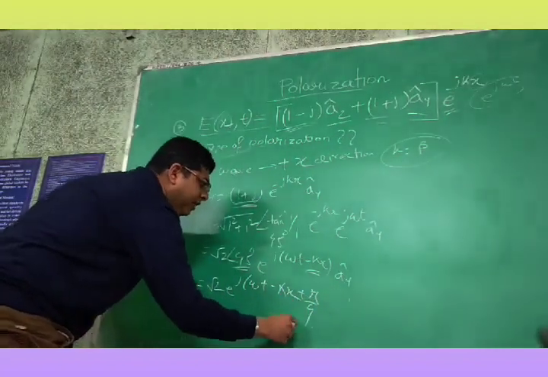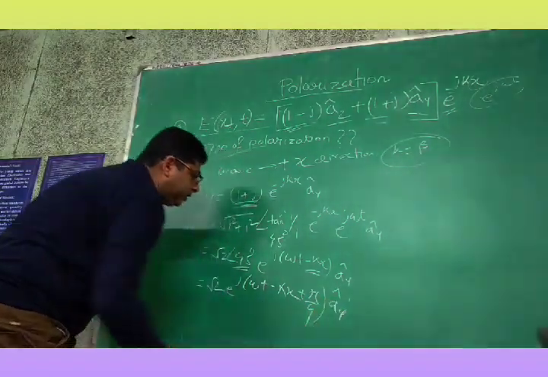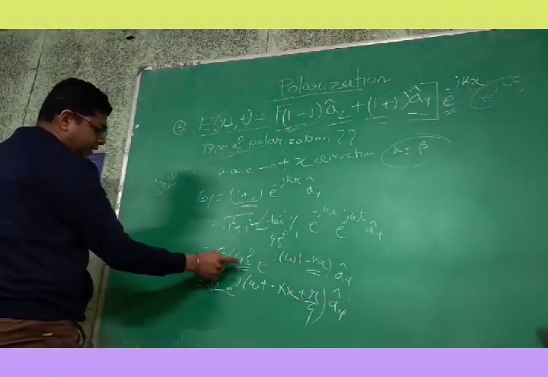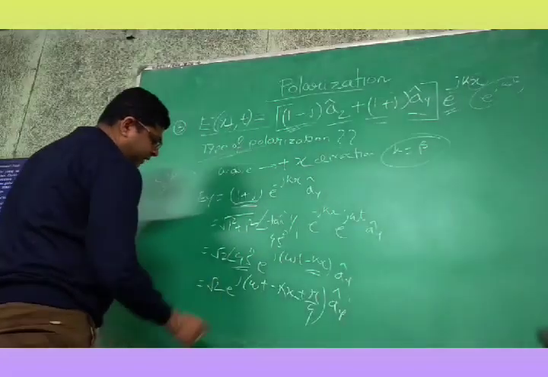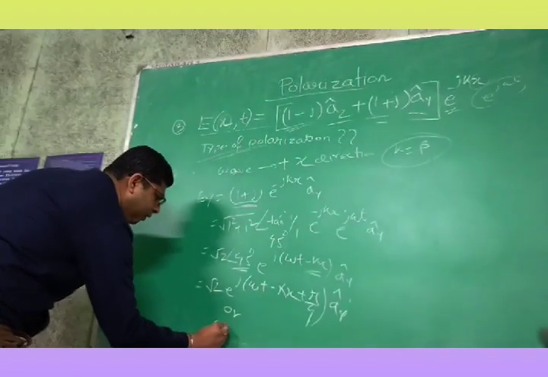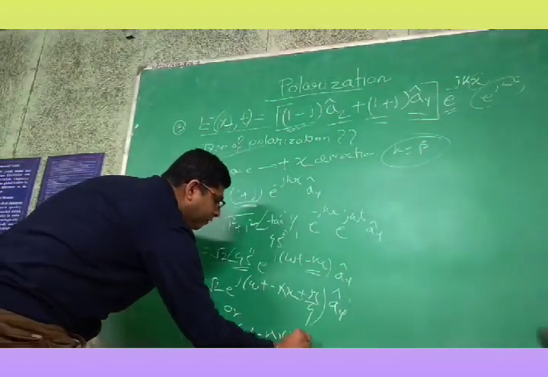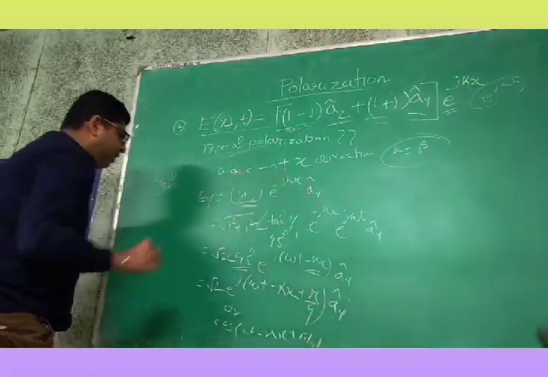Pi by 4 is 45 degrees. This way you can write it. You can take this inside the exponential term, or you can write it in cos format also: cos(omega t minus kx plus pi by 4). You can also write it that way.